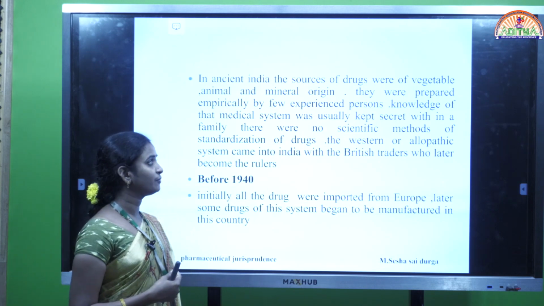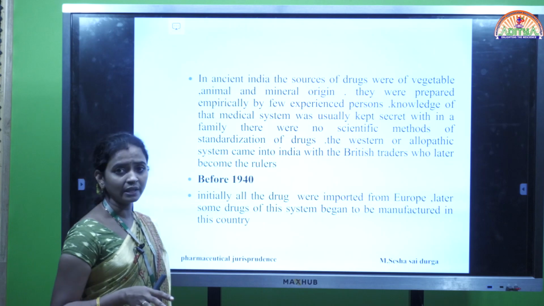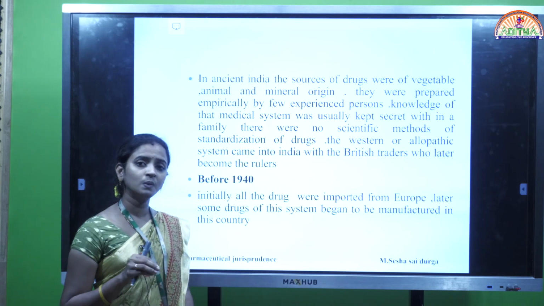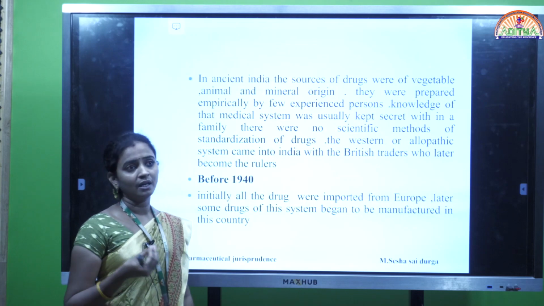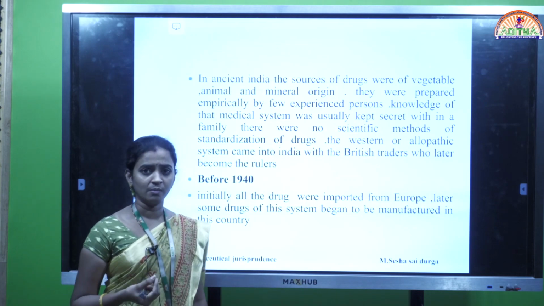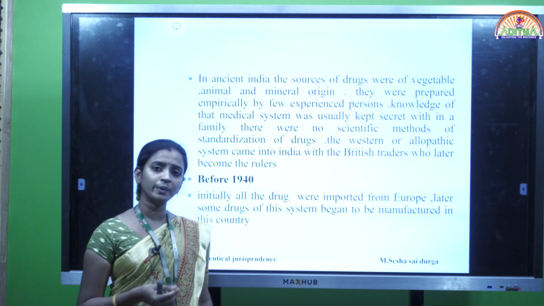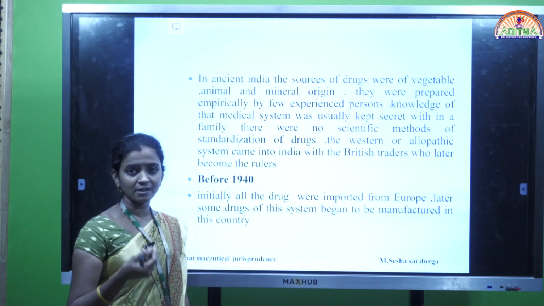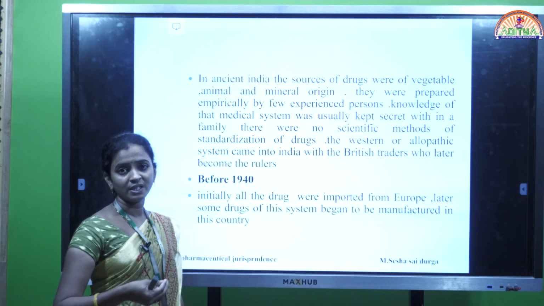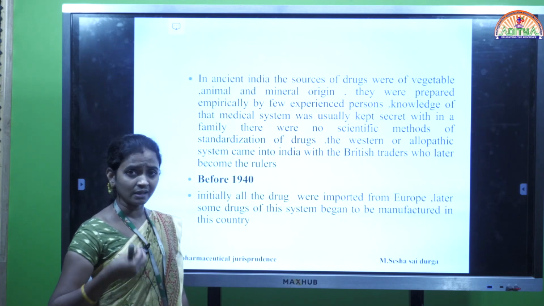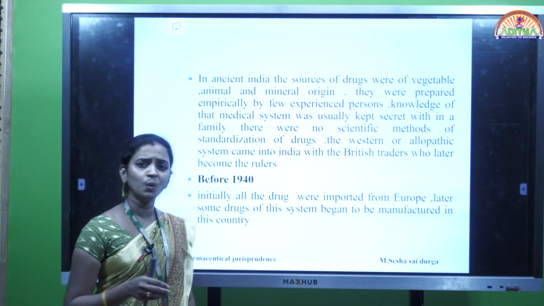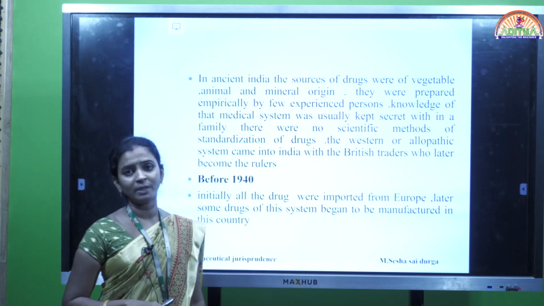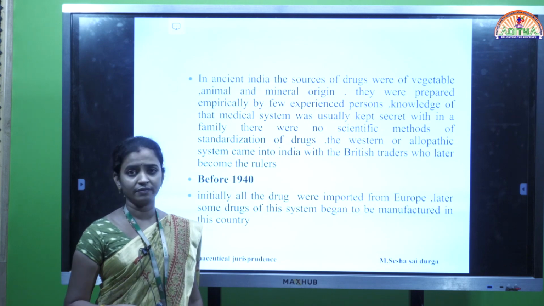Before 1940, some people in the country who had some experience and knowledge of pharmacy used to prepare the medicines, and the same person proceeded to distribute and sell them. Everything was done by only one person, and there was no specific qualification for that person.